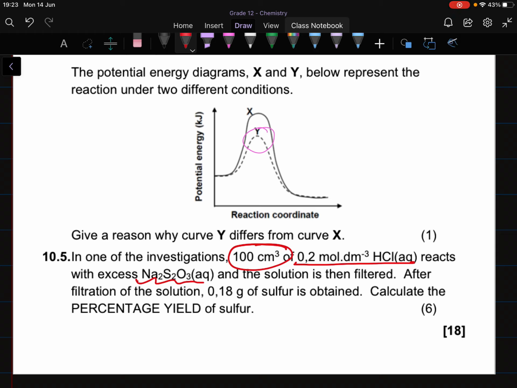The solution is then filtered. After filtration, 0.18 grams of sulfur is obtained. Calculate the percentage yield. So we have to remember percentage yield means this is my actual yield.